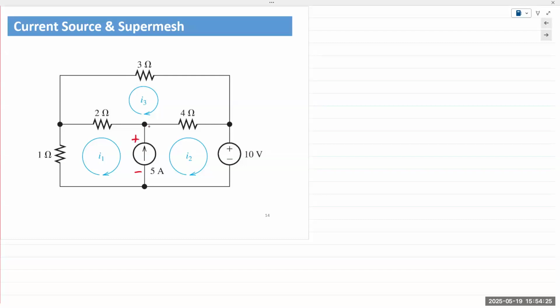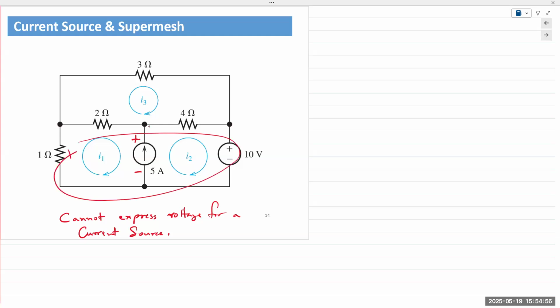So what we do is we take the meshes that contain that current source, whether it's one mesh or whether it's two, and we apply KVL around that loop.